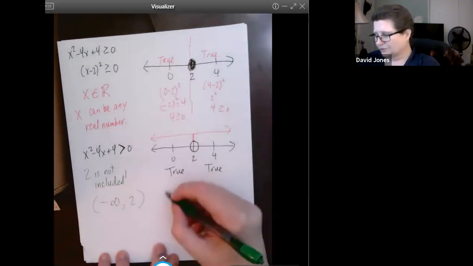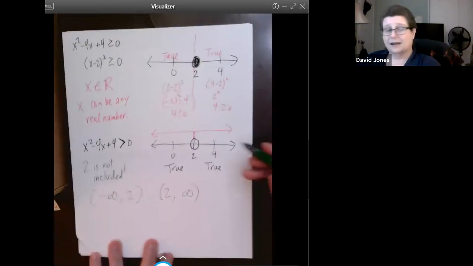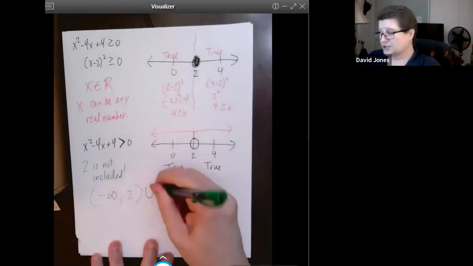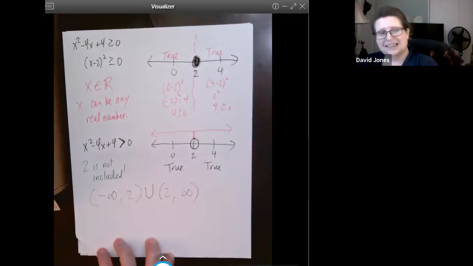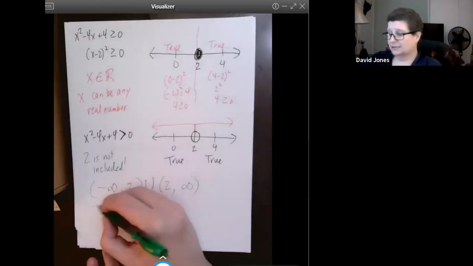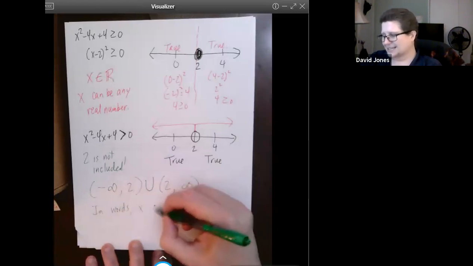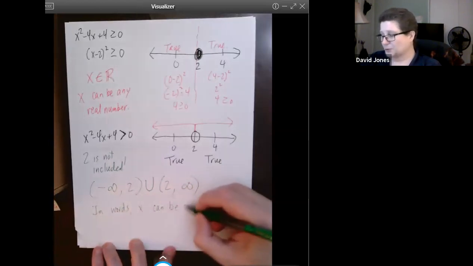And then my interval starts again at 2 and goes to infinity. And it's 2 different regions. And that's what we do. In words, x can be any value except 2.